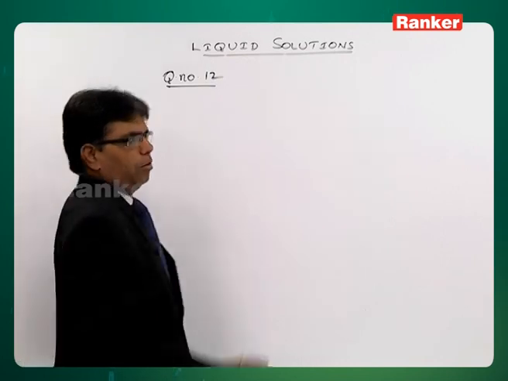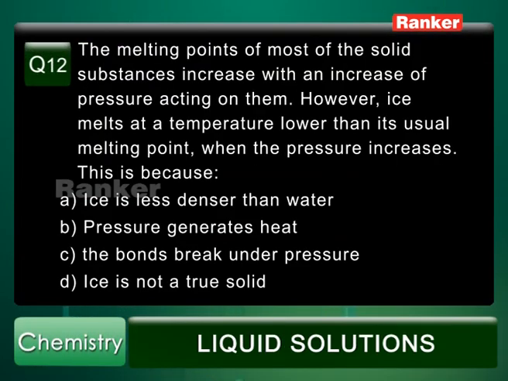In question number 12, the melting points of most of the solid substances increase with an increase of pressure acting on them. However, ice melts at a temperature lower than its usual melting point when the pressure is increased.